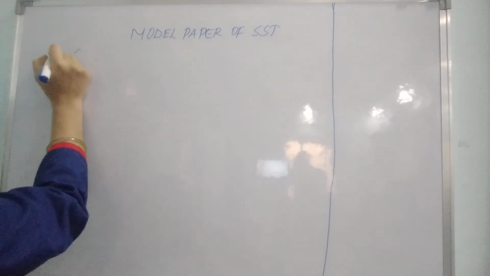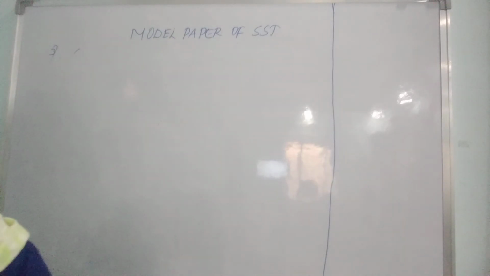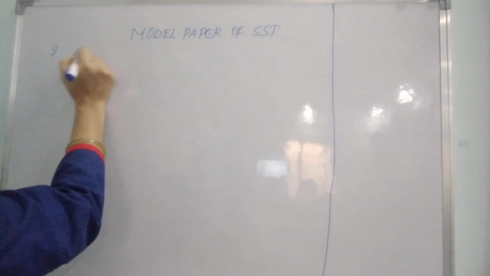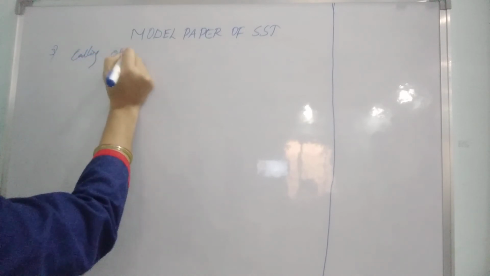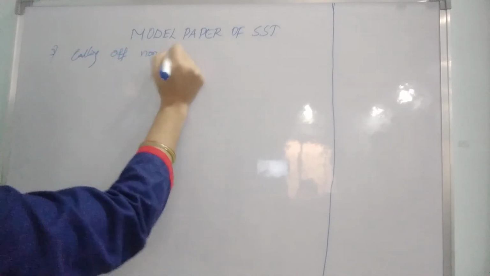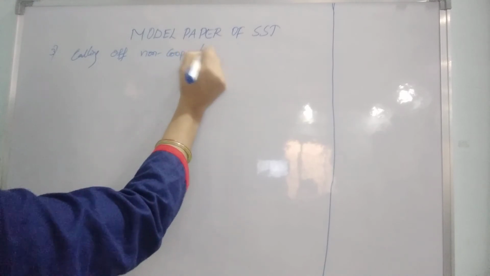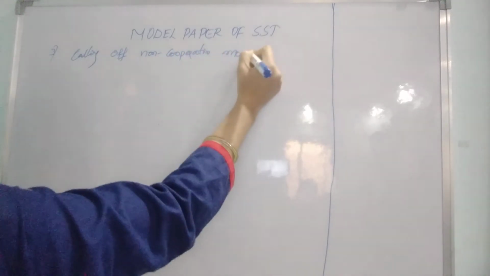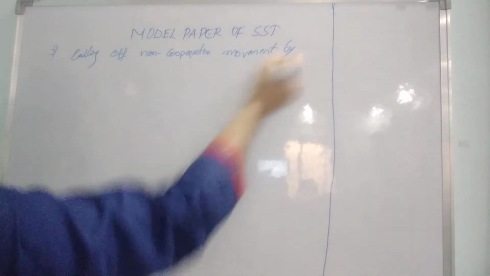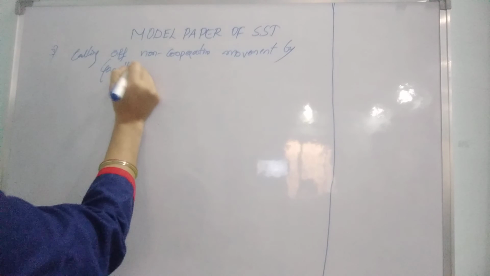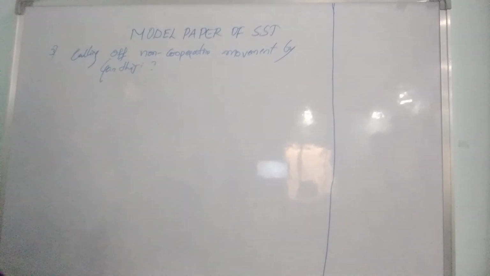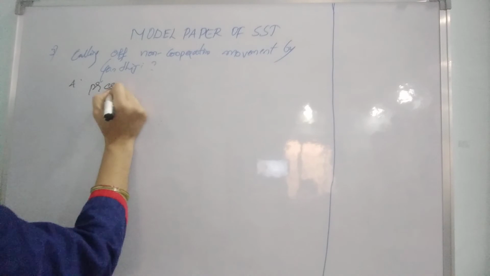And the next, third question is: which of the following was the reason for calling off the non-cooperation movement by Gandhiji? Our first option is pressure from the British government.